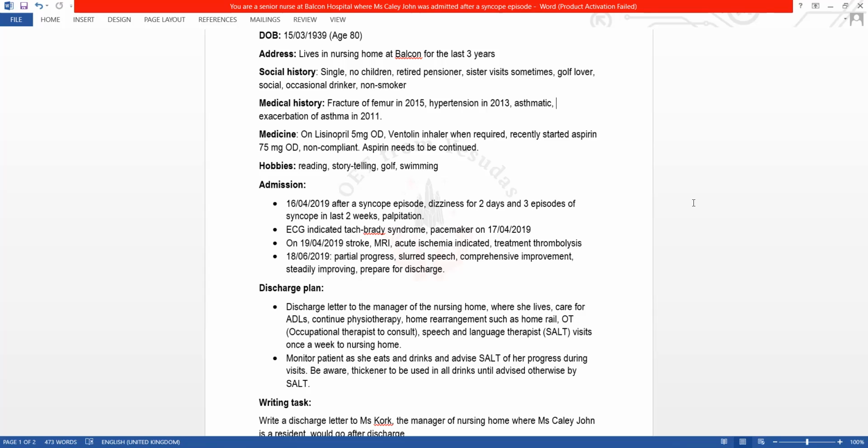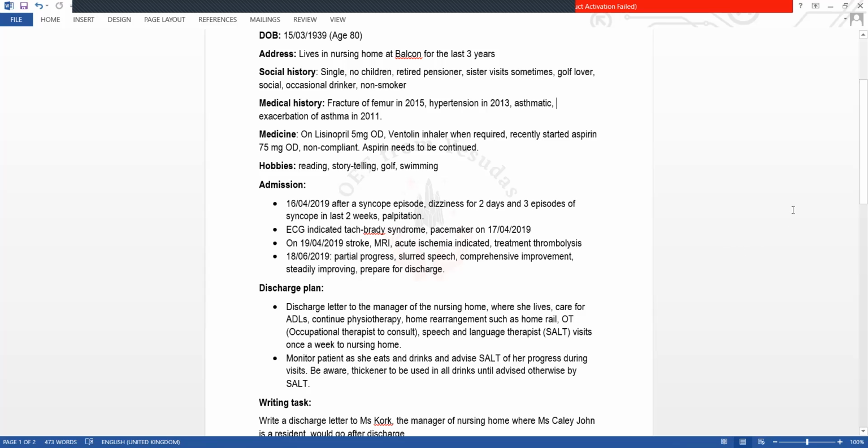So we are requesting Ms. Cork to care for her activities of daily living, physiotherapy, and occupational therapist consultant to arrange home arrangements such as home rails. Now, speech and language therapist visit we need to arrange at least weekly, once a week, to the nursing home. These are all the responsibility of Miss Cork.